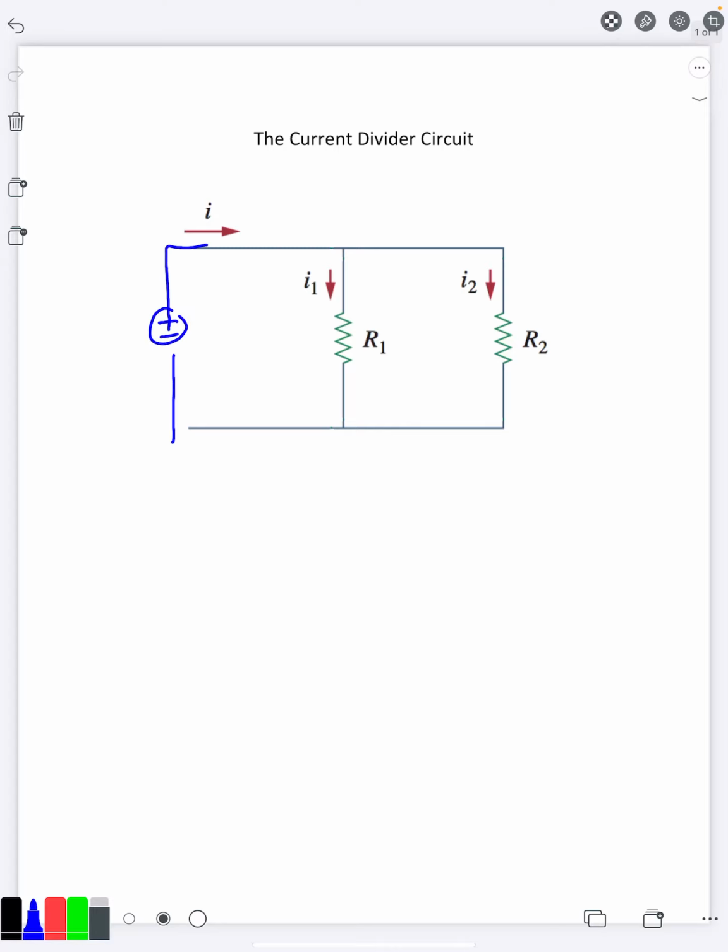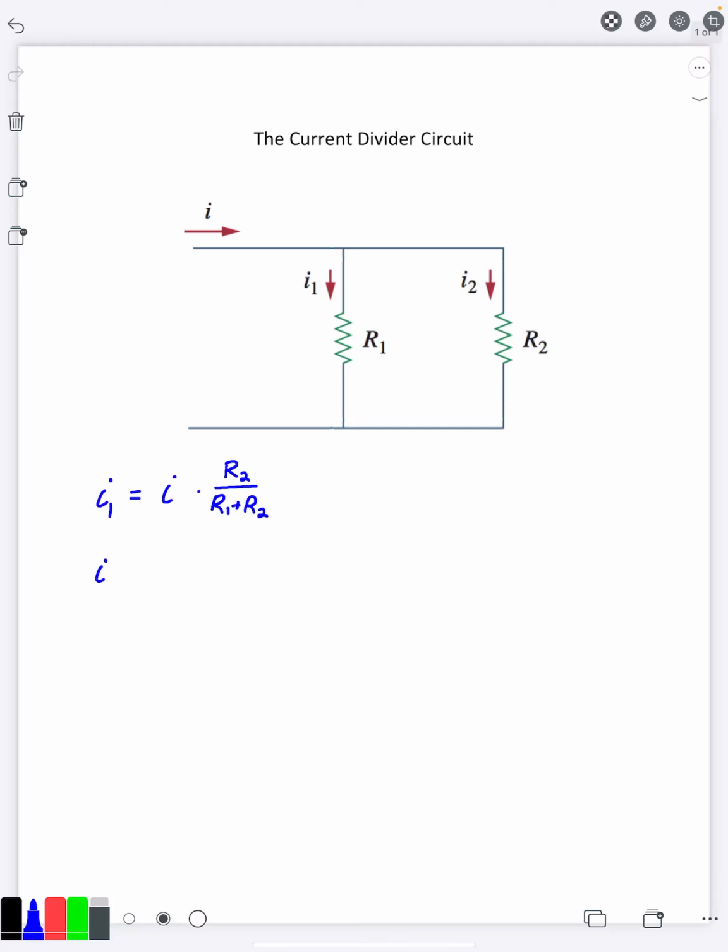But regardless, anytime you have a situation where you have two parallel resistors, you can use the following rule to calculate the current in each one of them. So the current divider says that if you want to find the current through one of the resistors, you're going to take the total incoming current, multiply it by the other resistor, and divide by the sum of the two resistances.